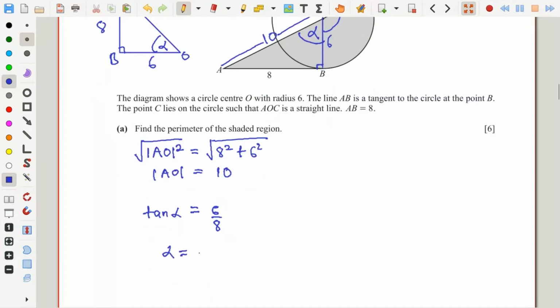So come and find tan inverse of this and let's see. 6 on 8.